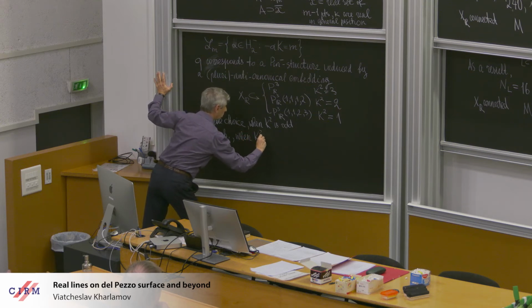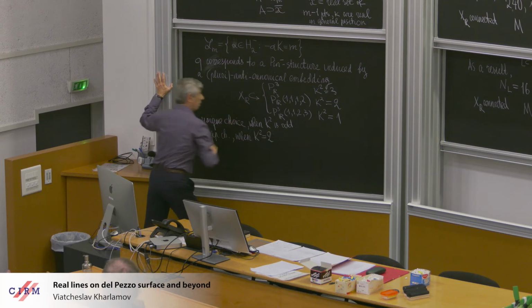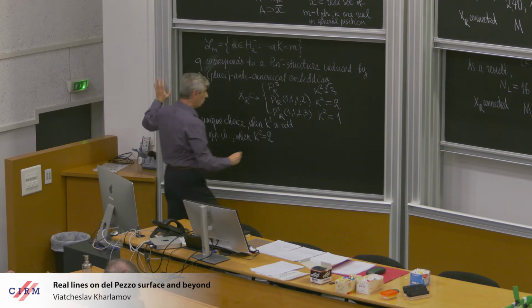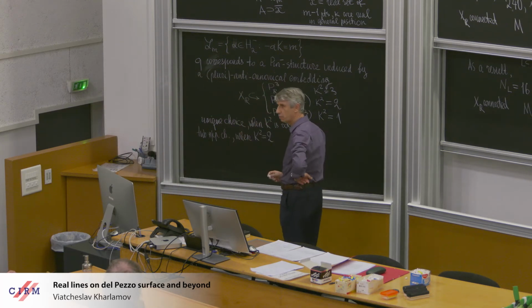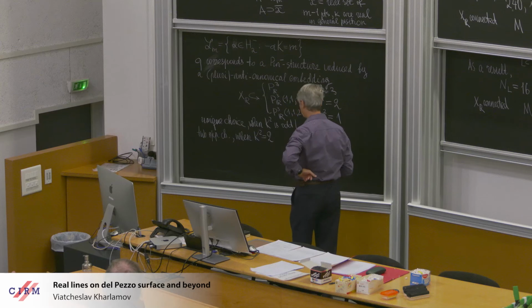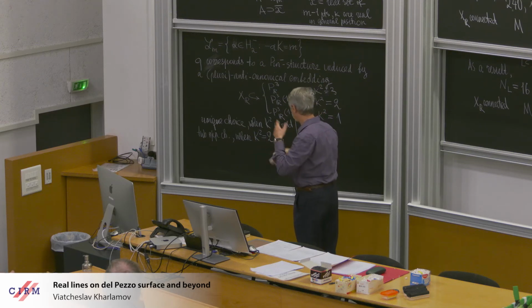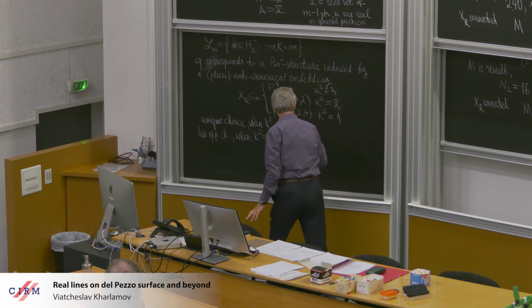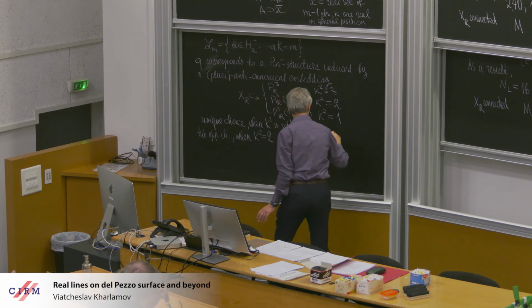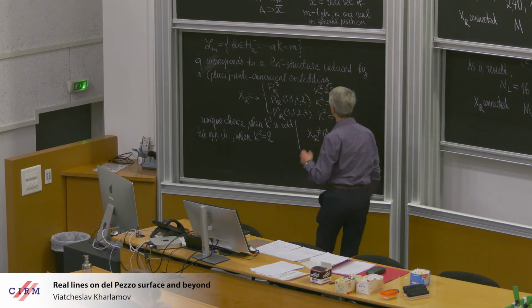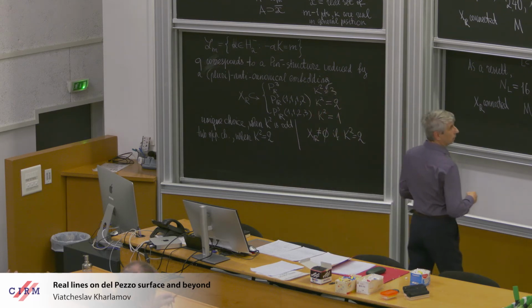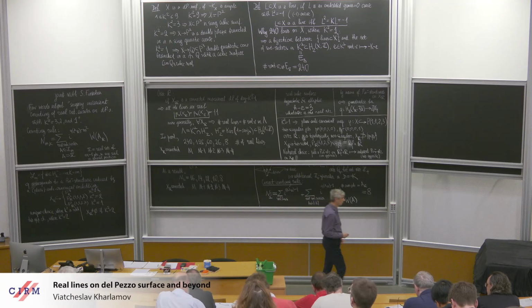And furthermore, starting from here, even if I have very little time, not to repeat it each time, I will always assume that the real part of X is non-empty if K square is equal to 2. Okay.